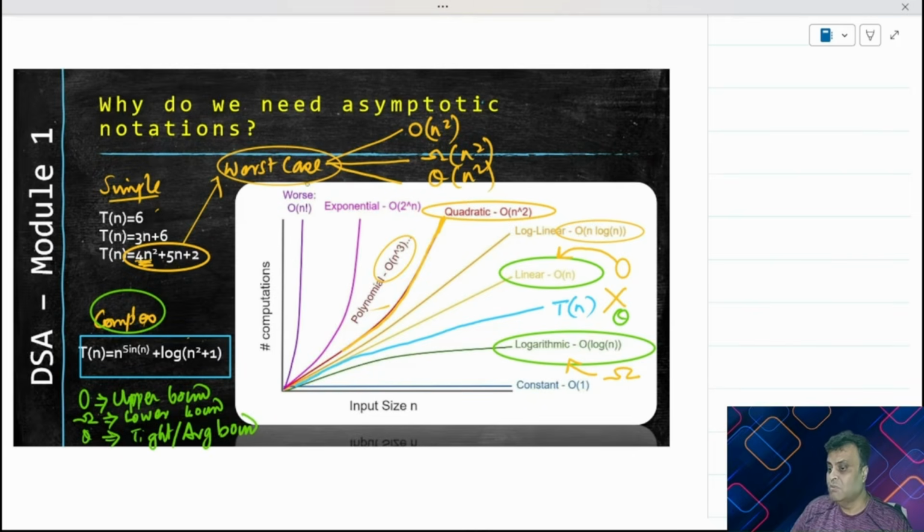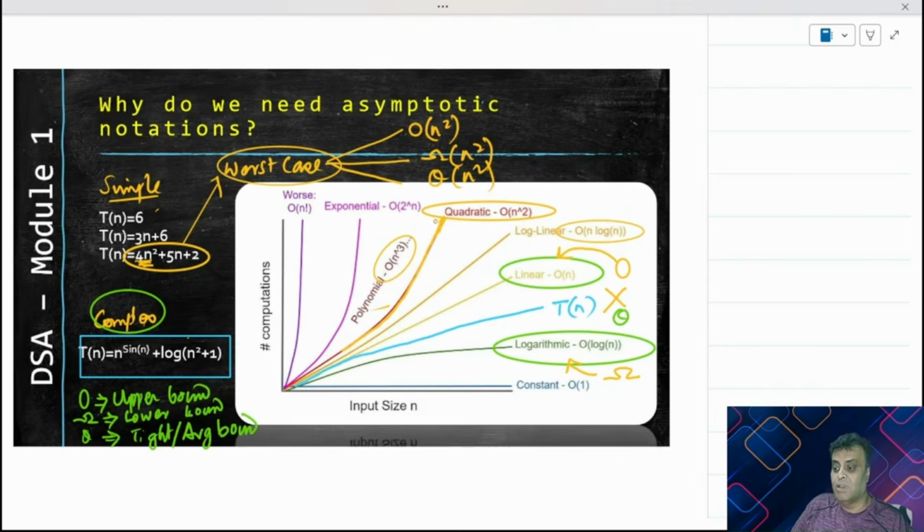So if the worst case polynomial is plotted on this curve, then the upper bound of this polynomial will also be order of n square, because you have to take the nearest upper bound of a class which is very well known. The nearest upper bound of order of n square is n square itself, and the nearest lower bound of order of n square is also n square.